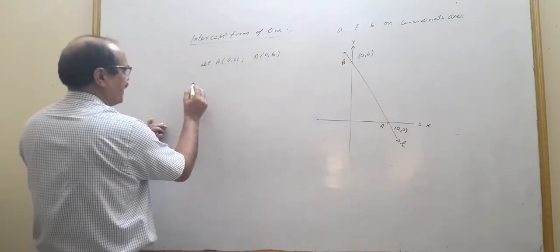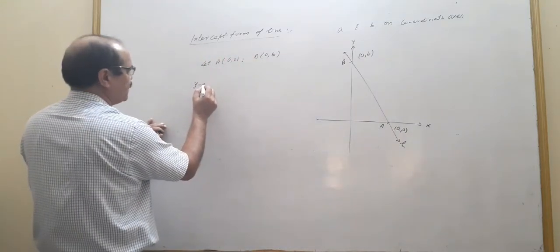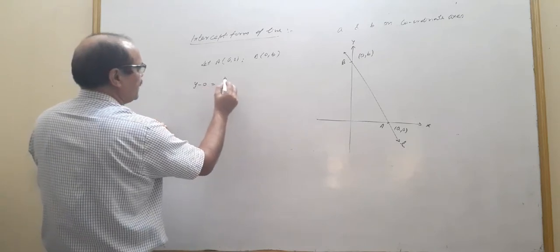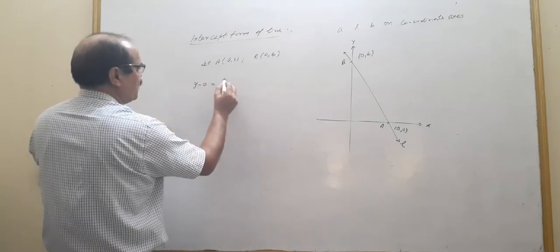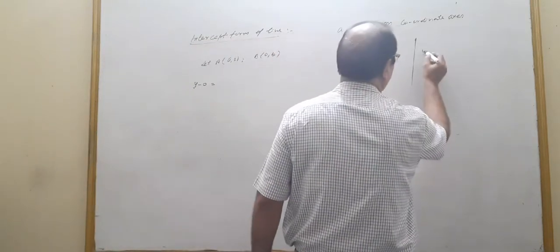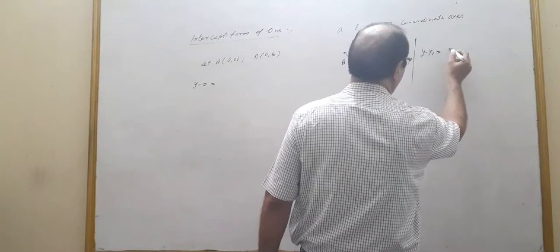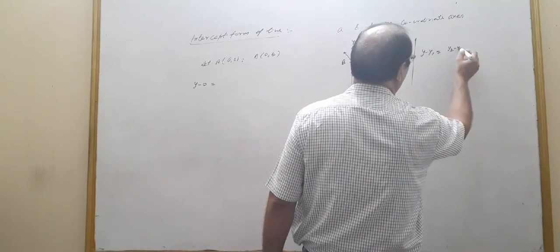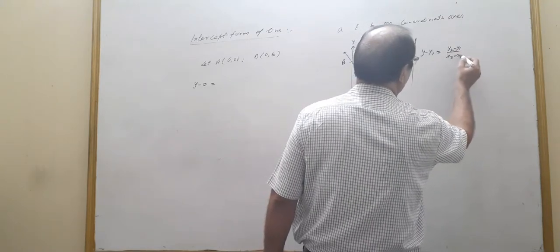So by applying the two-point form, that is y minus y1 is equal to m times (x minus x1), where m is the slope of the line, (y2 minus y1) upon (x2 minus x1).